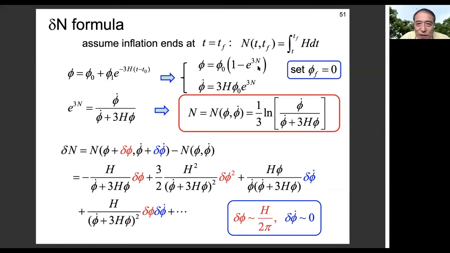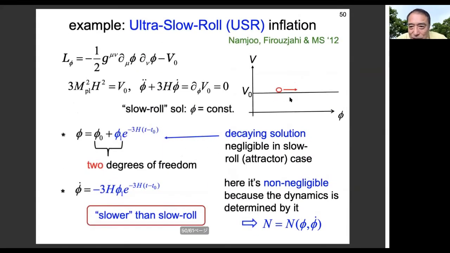Of course, this means that you are cutting this potential at a certain point so that the inflation ends. You cannot have this potential forever, or the inflation will just keep continuing. You have to end the inflation. So what I'm trying to say is that you can choose the end point of inflation to be phi equals 0.